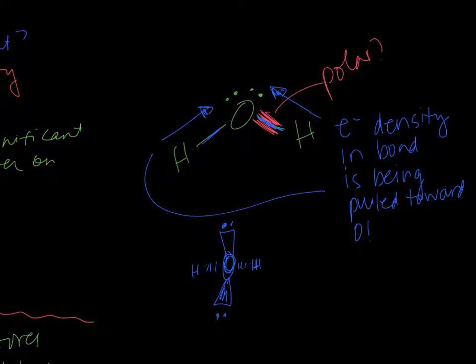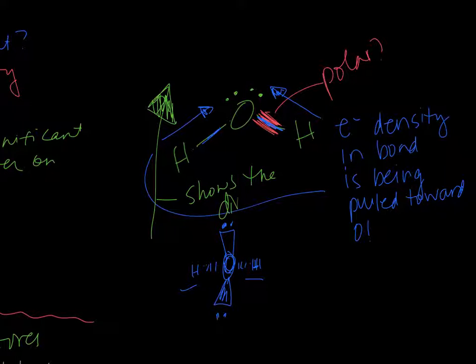So if these are going up this way towards this oxygen that's sticking out, then that means that the electron density is being pulled upward. And so you could write the dipole moment here for this. The dipole moment would be just like that. And that shows the direction of the dipole moment.